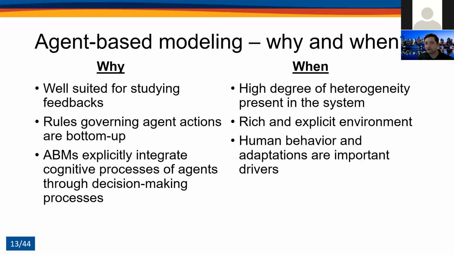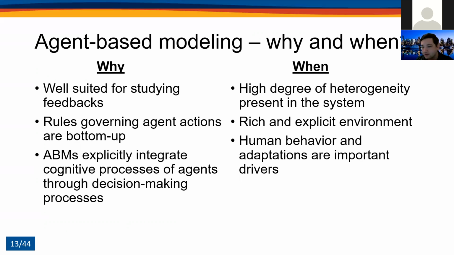Now, why would you want to use agent-based modeling and when would you want to use it? Now, for why, it's because it's very well suited for studying feedbacks, which are fundamental to many ideas about complexity. The rules governing agent actions are bottom up instead of top down, and the complexity emerges from this simplicity. This is what you're trying to look for.